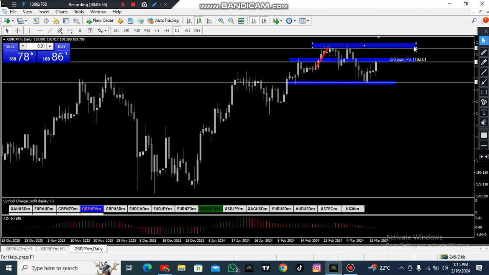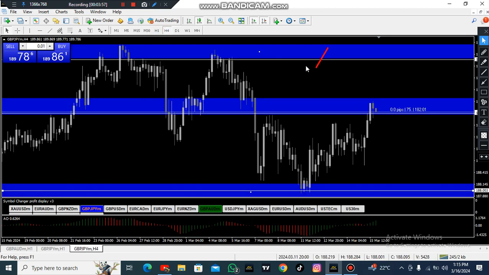In 4 hour, what we will be looking for is a trend line, if we are getting any trend line, or any other pattern apart from the head and shoulder we have gotten in daily. So let us go to H4. Okay, this is H4, guys.